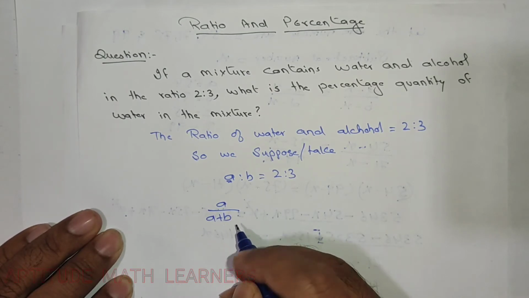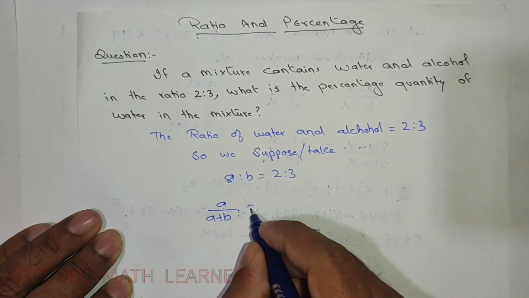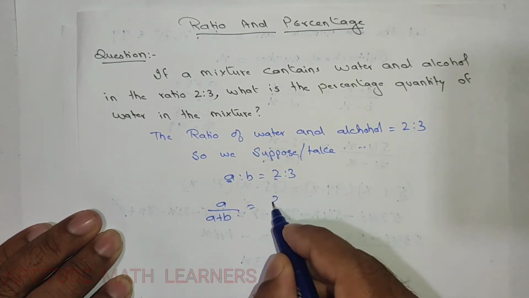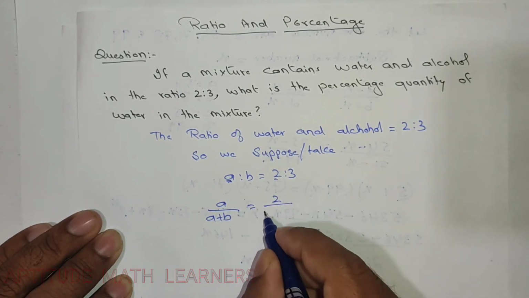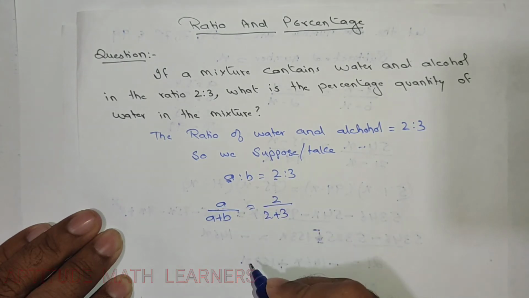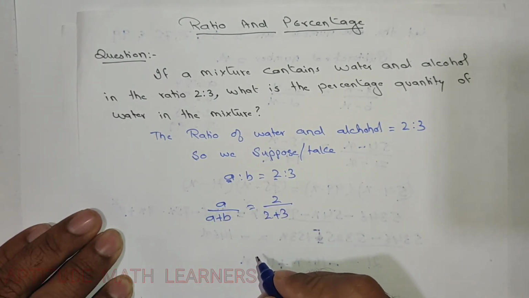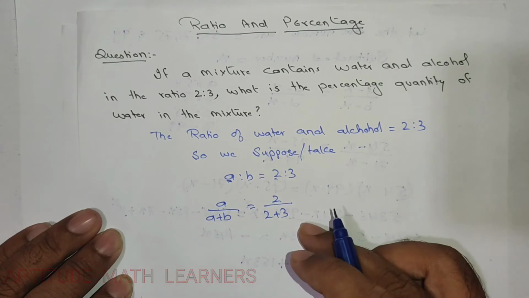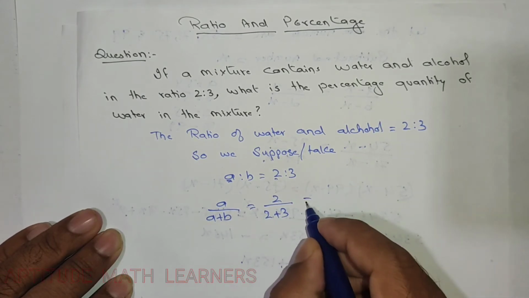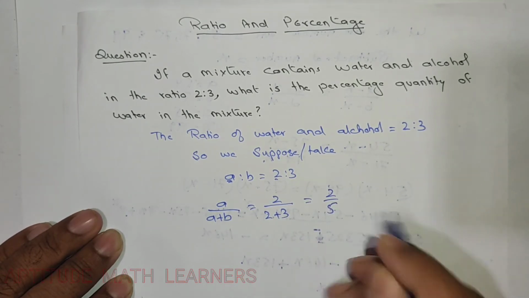So here we get A is 2 upon 2 plus 3, which becomes 2 upon 5.